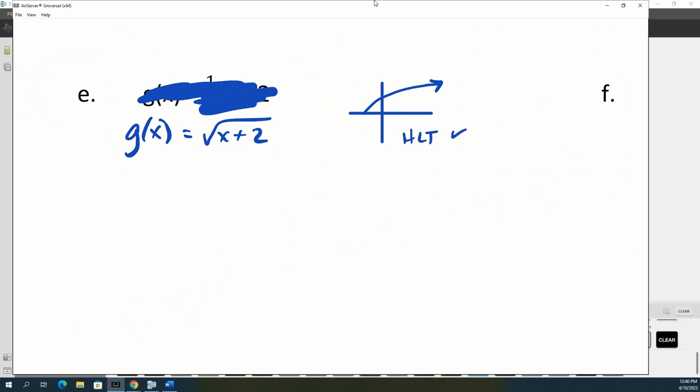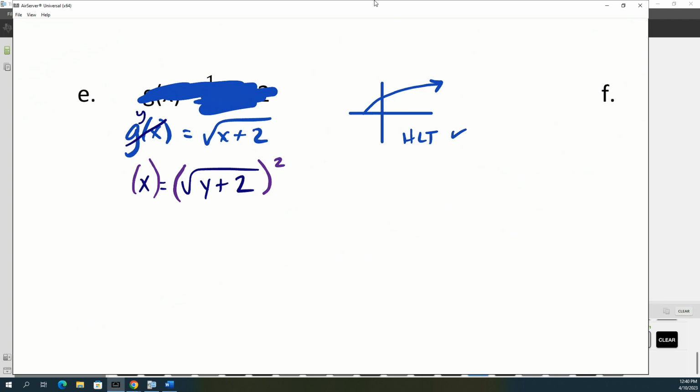Yes. All right, so we're going to switch x and y. And then solve for y. So what do you think you do to get rid of a square root? Anybody?